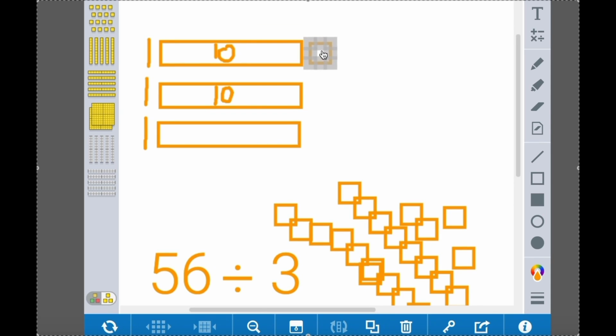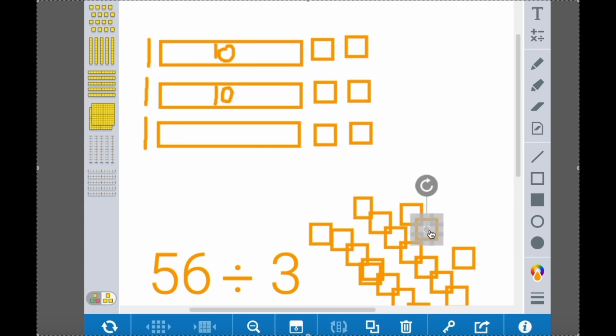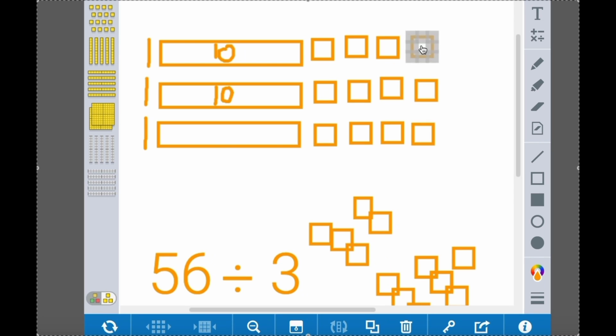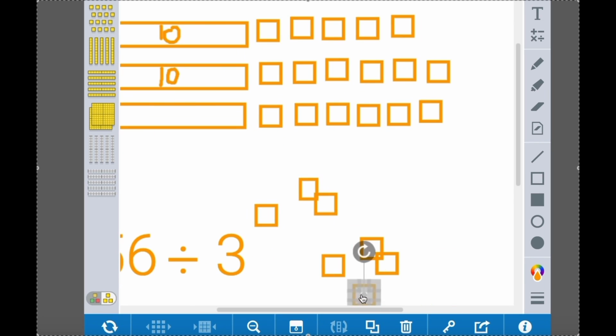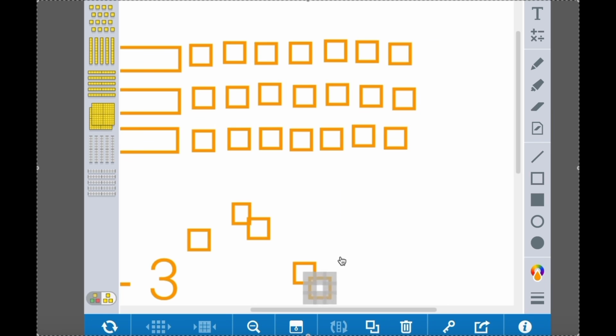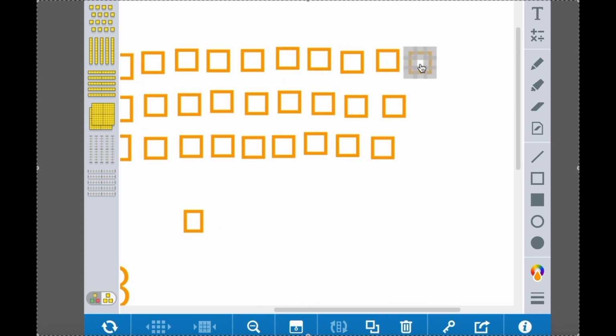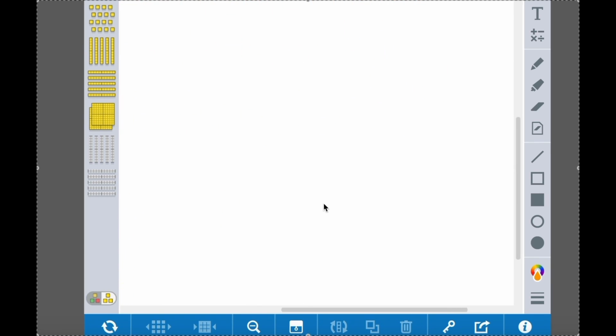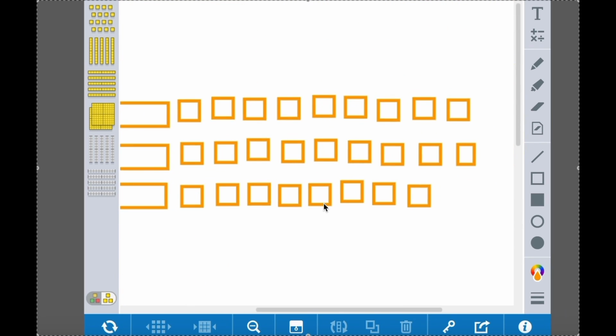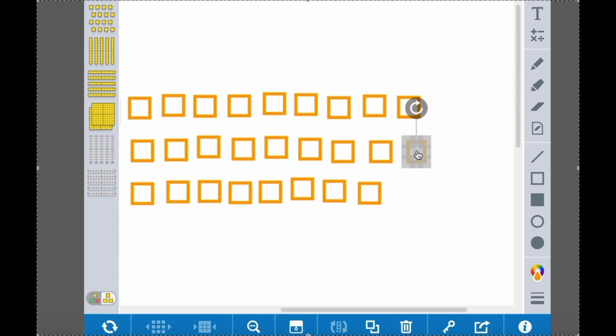I'm going to put them into their equal groups. Right, make sure there's none hiding. So I see that these are not equal, so these are going to have to be a remainder. So without these two, let's put them aside for now, but don't forget about them.